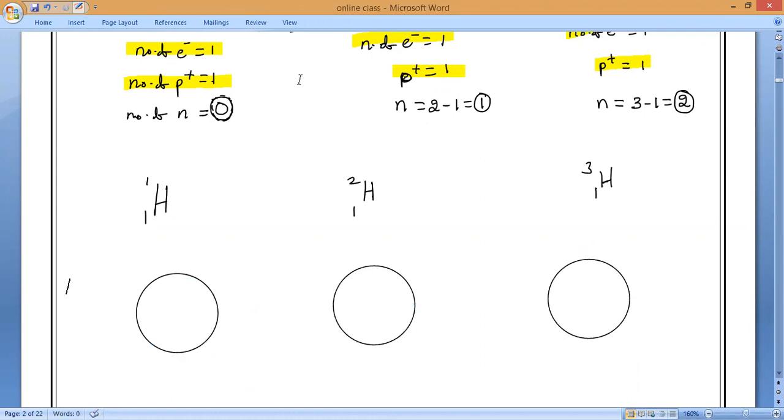Be very careful, and I'll put one nucleus also. Draw nicely, neatly, because in the exam also you have to draw beautifully. You cannot draw freehand diagrams.